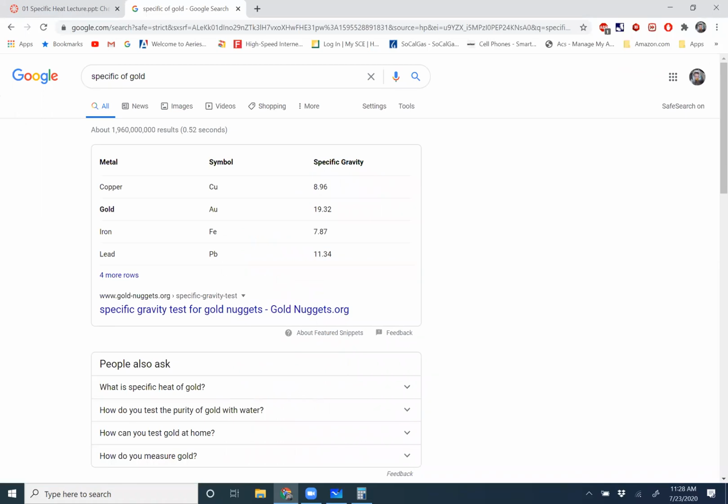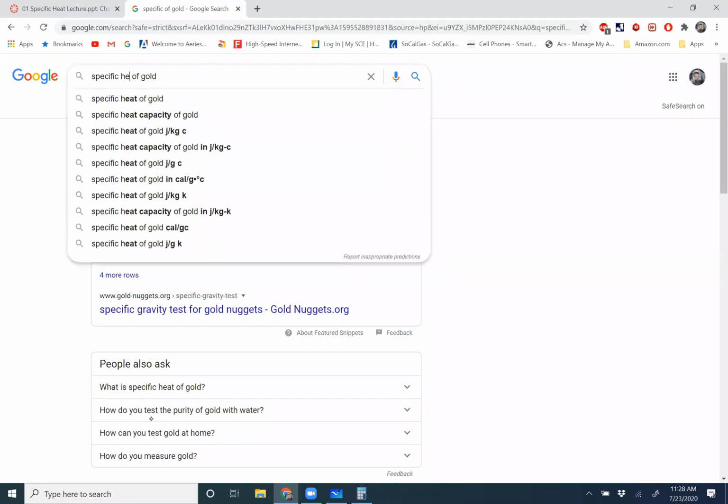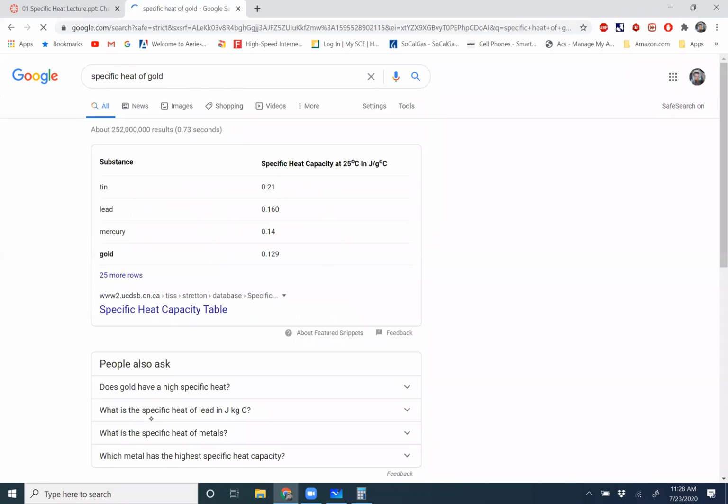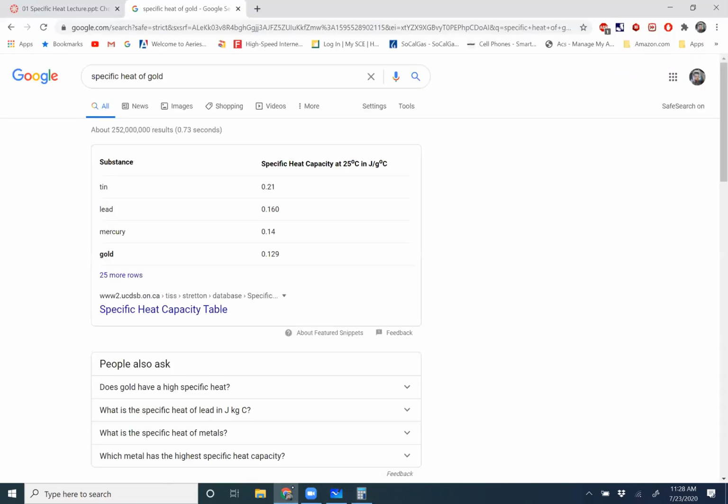There you go. That's specific gravity. We want specific heat. Specific gravity is the same thing as density. Heat. I was off. I'm always off. So gold, Au, is equal to 1.29 joules per gram degree C.